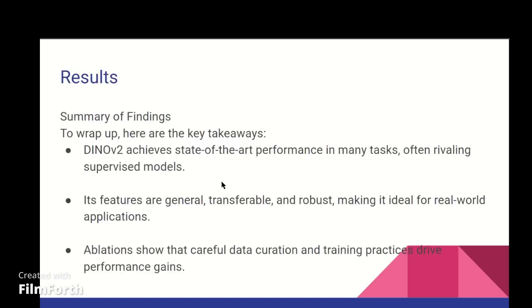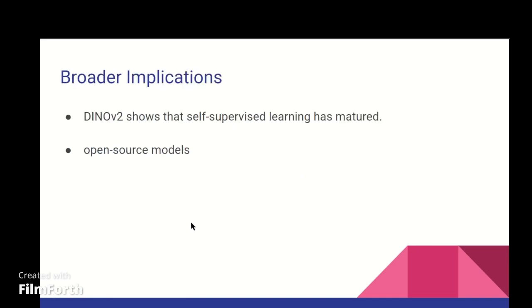Now the results section. The summary of the findings is that DINOv2 achieves state-of-the-art performance in many tasks, often rivaling the supervised models, and its features are general, transferable, and robust, making it ideal for real-world applications. It also shows that careful data curation and training practices drive performance gains. The broader implication is that it is now a practical alternative to supervised pre-training, especially in domains where labels are scarce, such as medical imaging, remote sensing, and robotics.